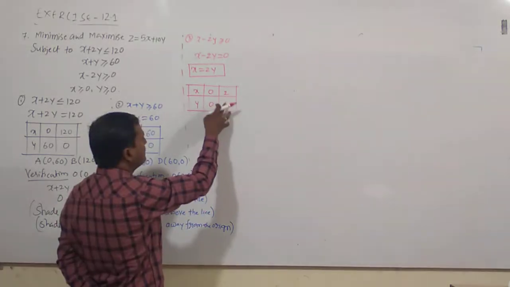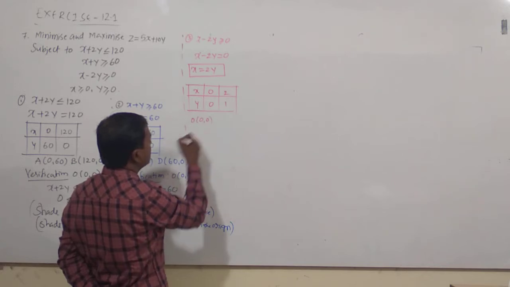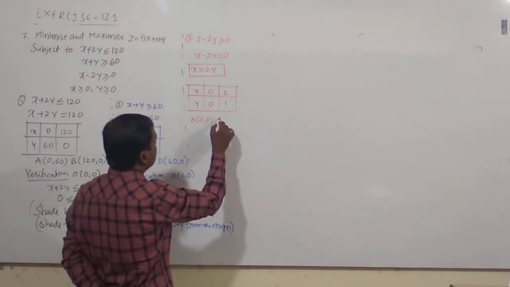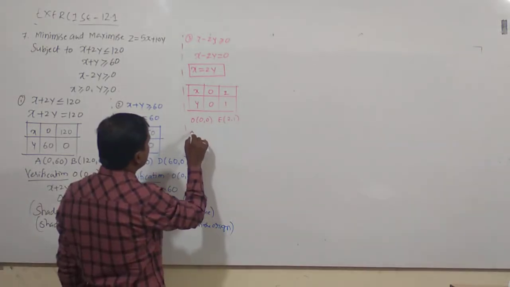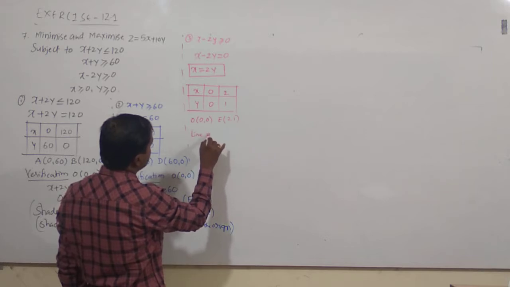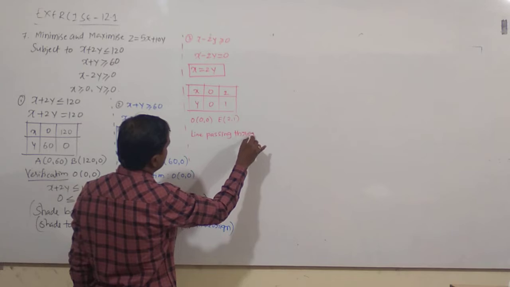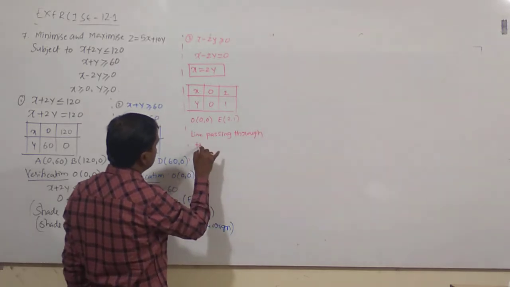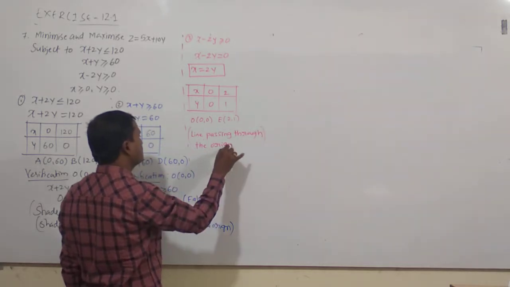To draw the line I am taking the first point 0 comma 0, and one more point, 2 comma 1. So clearly the line is passing through the origin.